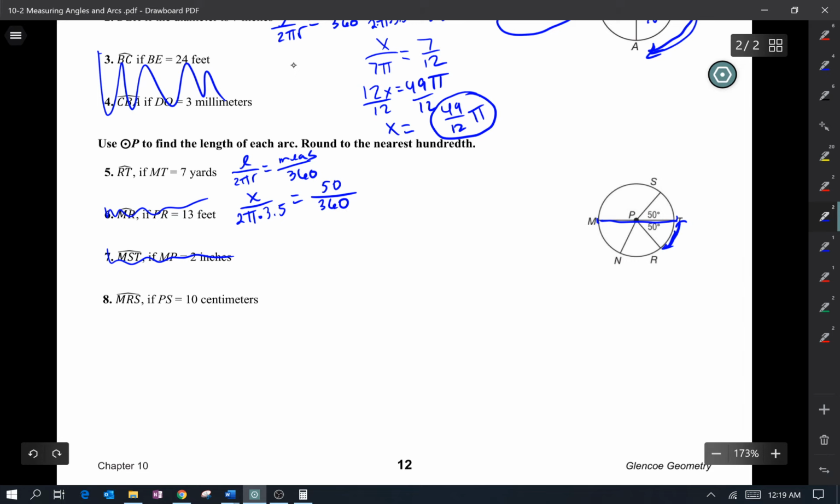So what do we end up with? We end up with x over 7 pi is equal to 5 over 36. Drop the zeros. Cross multiply. 36x is equal to 35 pi. Divide by 36. Divide by 36. We get x equals 35 over 36 pi.